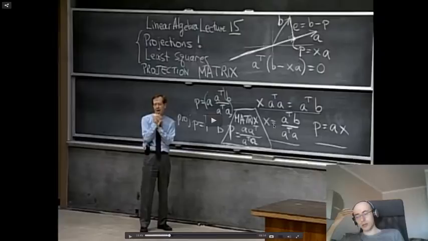It's going to be n by n. It's definitely rank 1. What about its column space?